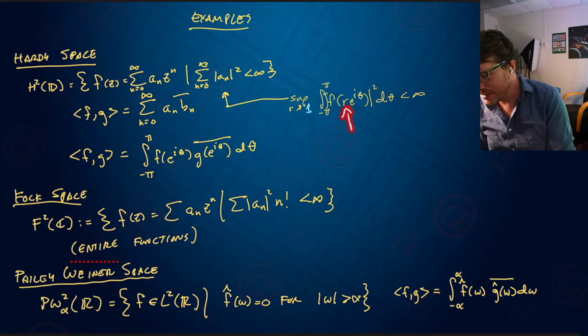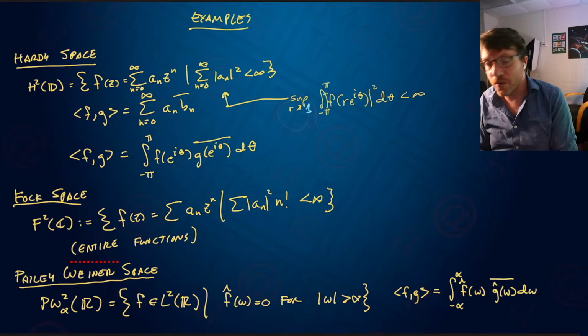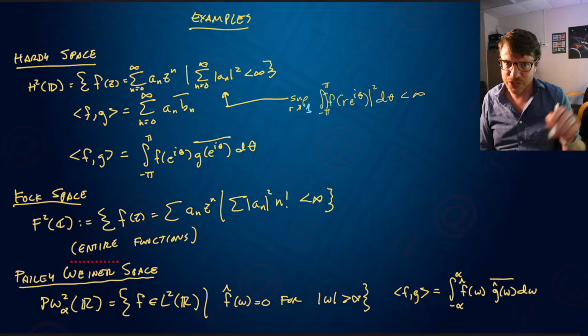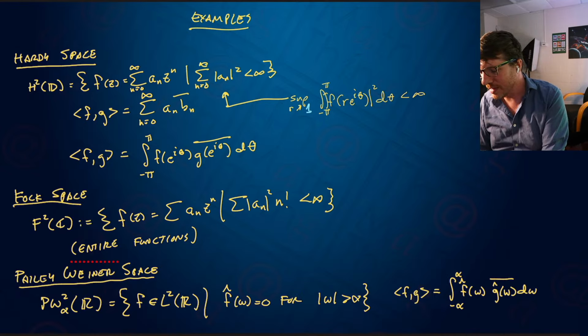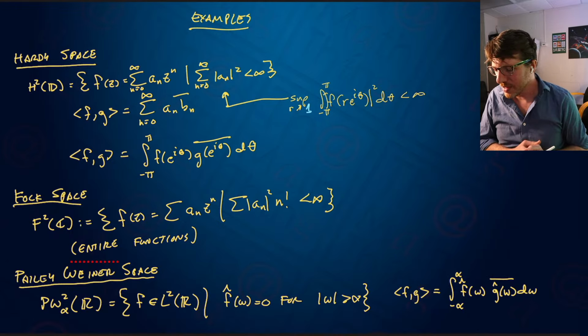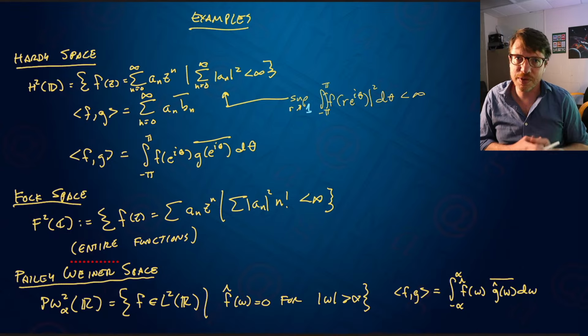We're basically going to be taking this r and letting it go up to 1 from 0, and just seeing that the integrals around each of the circles, because that's e to the i theta in there, stay finite, square integrable. And when that happens, that also gives you the same norm and the same space.